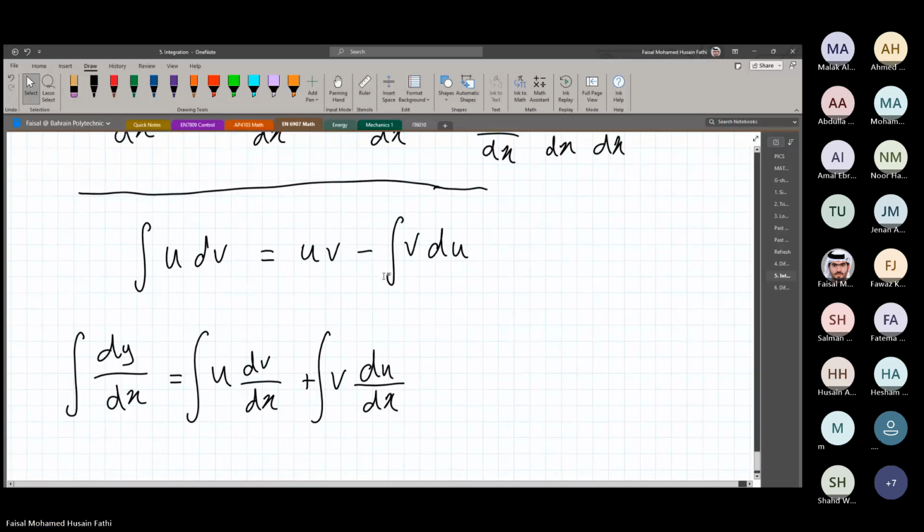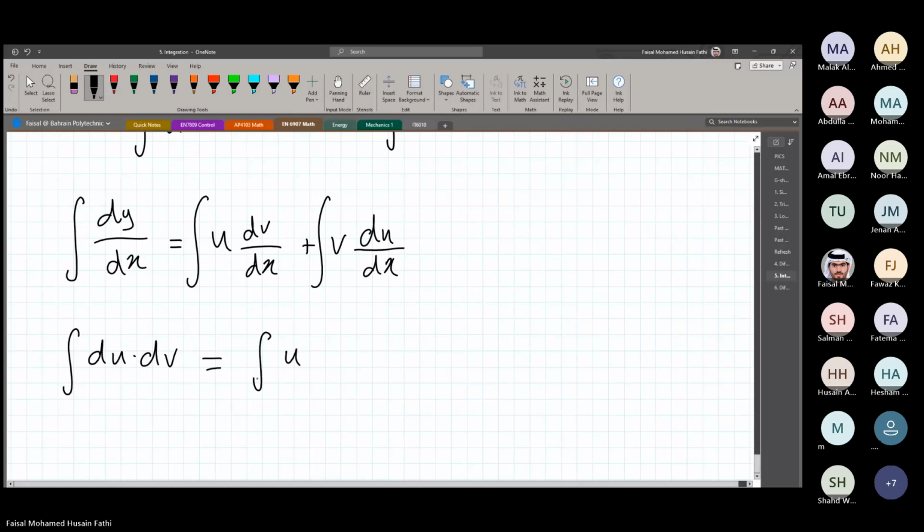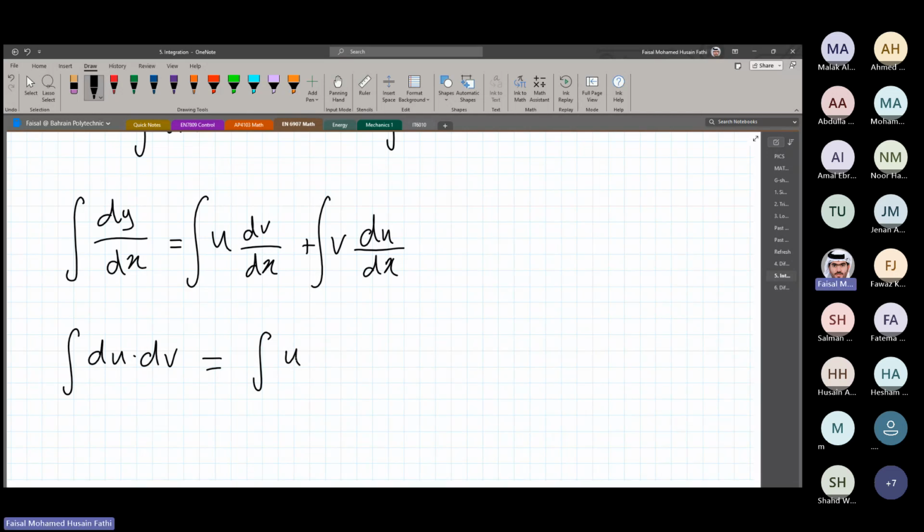So we can say this is as if it is the integration of dy by dx, the integration of du dv, is equal to the integration of u dv dx.